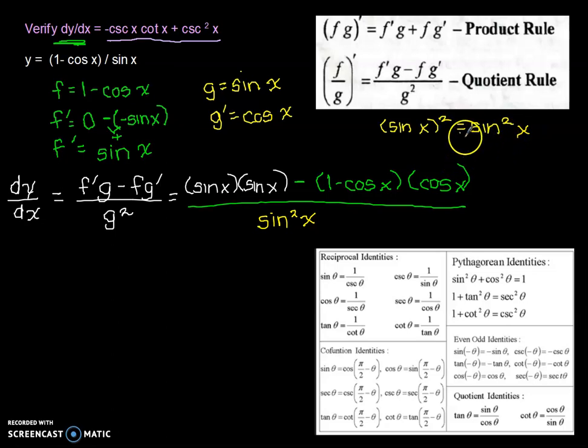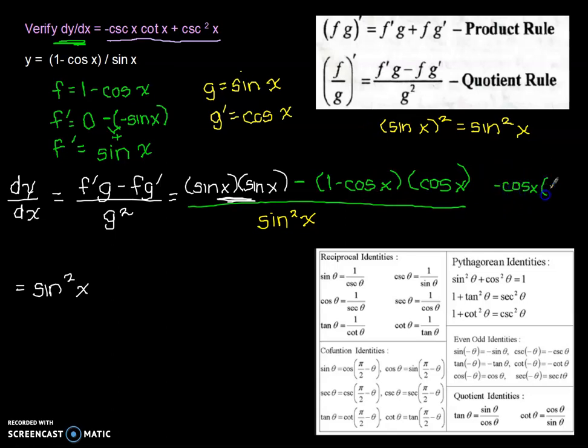Cleaning up the numerator is what we're going to focus on. Sine times sine for the first term gives me sine squared x. Then I'm going to move the cosine so I can distribute it properly.